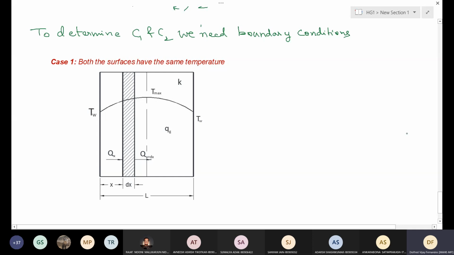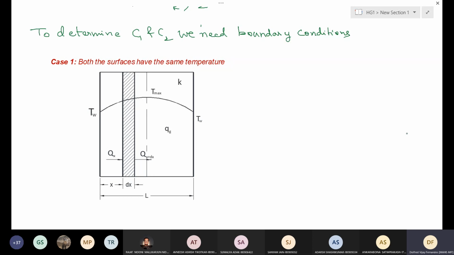One side of the wall we have a hot fluid, and the other side of the wall we have a cold fluid. Depending on these situations, the wall surface temperatures will change. So the simplest one, when we have the same fluid on either side and the same convective heat transfer coefficient is applicable on either side, then the wall temperatures will be the same on either side.